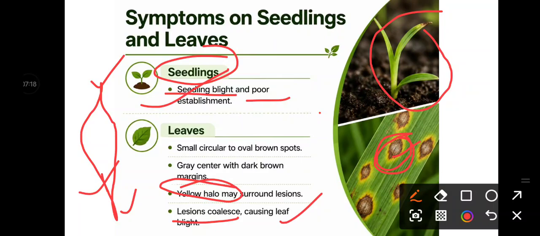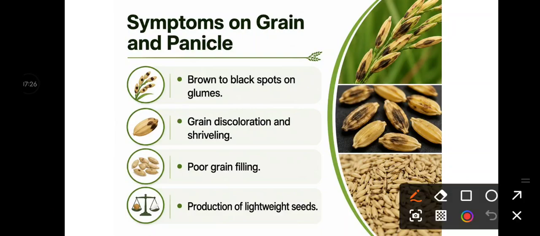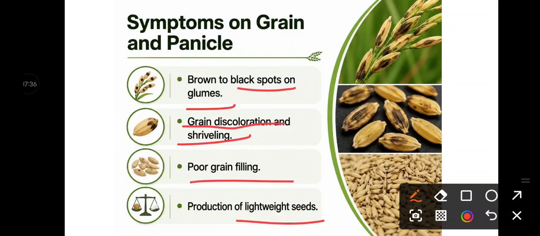This is about the leaf symptom. Then the ultimate economic part, it is affecting the grain, and it causes black spots on glumes, causing grain discoloration, shriveling, poor grain filling, lightweight seed. So this is the symptom on grain and panicle. So what is it affecting?